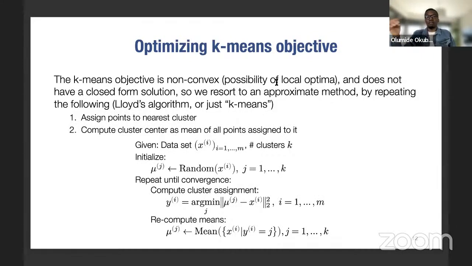You don't know which one is the best. And so what we say is that all of these different optimas, we call them local optimas. And so it's difficult when you get into one to come out of it and go to another. And so those kinds of problems are difficult, and we call them non-convex problems.